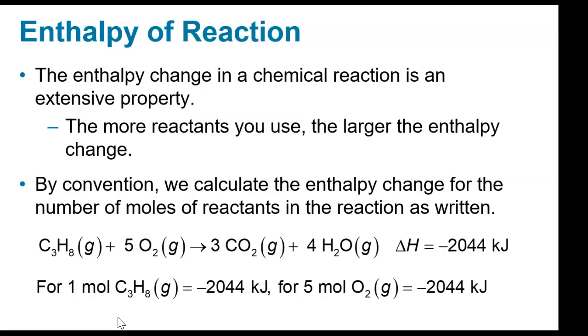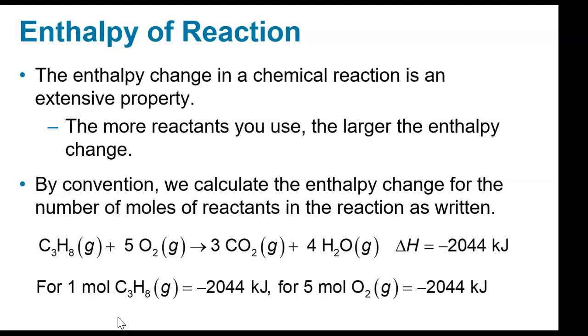What we're actually going to be doing with this is some reactions, and this is going to be very similar to when we did our mass-mass reactions, when we were doing limiting reagents and so forth. Keep that in mind as we talk about this piece. The enthalpy change in a chemical reaction is an extensive property.